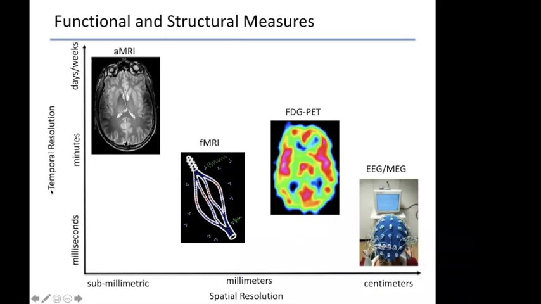Temporal resolution being, can I get multiple acquisitions of the brain within a confined amount of time, or conversely, over a number of days, weeks, months, or years. And spatial resolution being, what are the smallest pockets of volume that I can resolve using the imaging technology that I want to use.